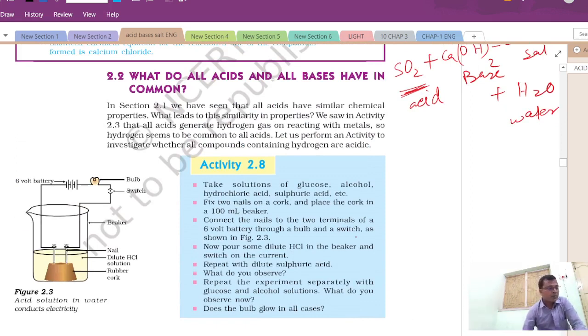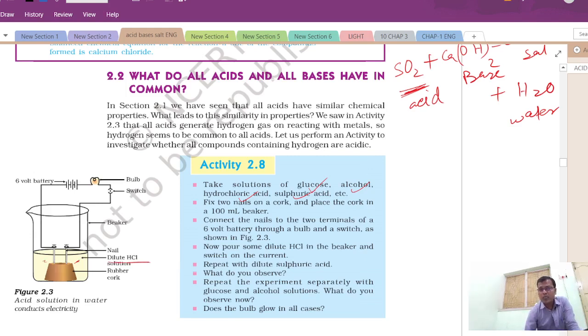because in this reaction you have been asked to take a solution of glucose, alcohol, hydrochloric acid and sulfuric acid. You can see this is dilute HCl. What is dilute?